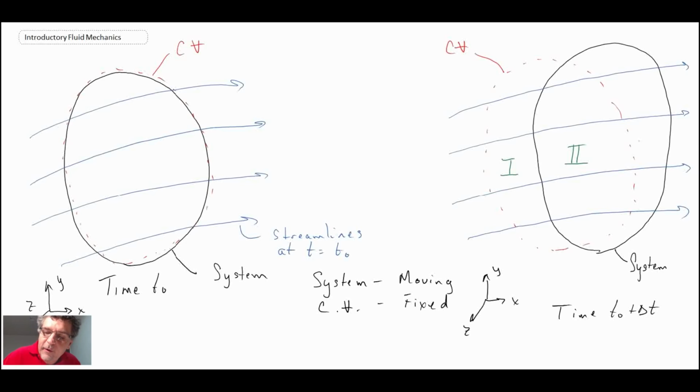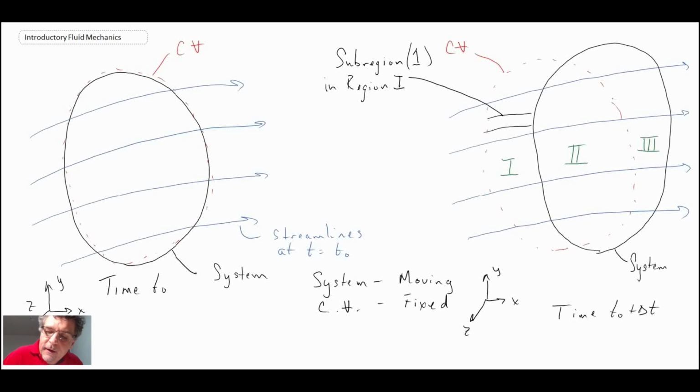And finally, region 3 will be defined by the control volume on the left and the system on the right. I'm going to write two little differential volumes or elements, one in region 1 and one in region 3, and that's where we're going to be focusing some of our analysis. So let's begin with the differential element in region 1.